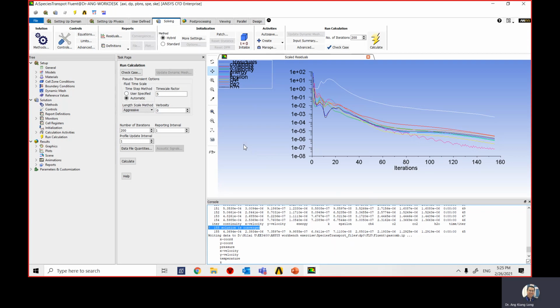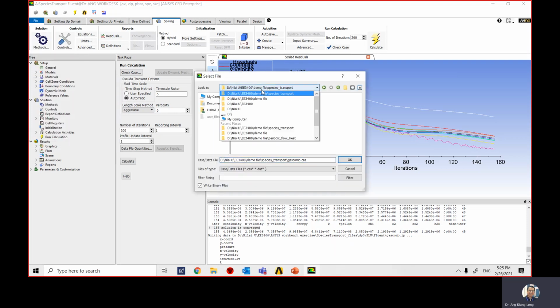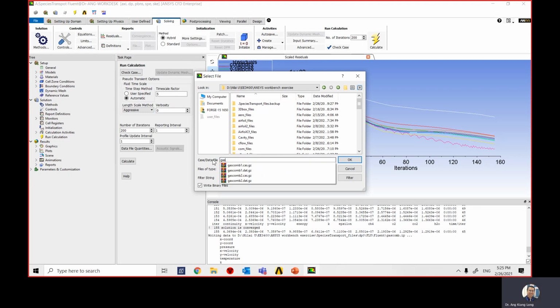All right. Once we have the calculation, we want to export our case and data just for our record, yeah. So save somewhere. And this one is gas combustion case 1.cas.gz. Again, we use .gz to compress our data file.